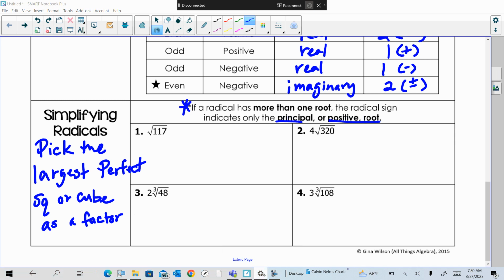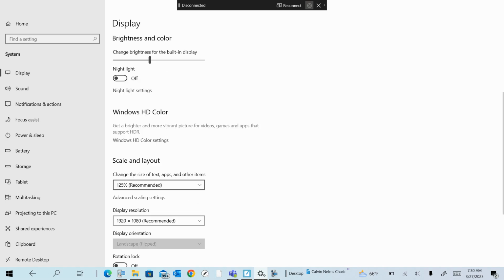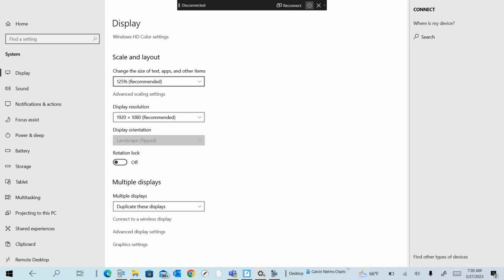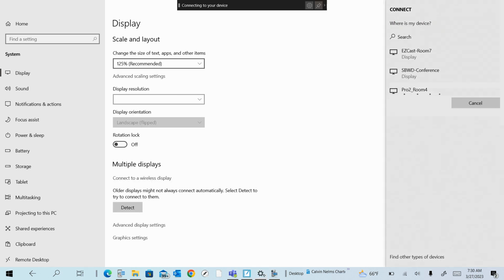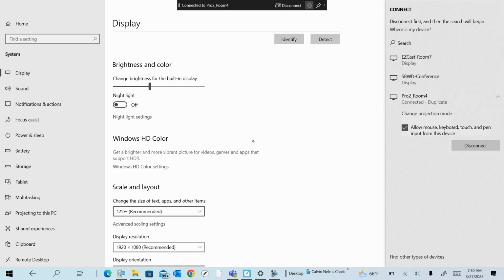So the big way I know if it's not a perfect square is to put the actual radical in the calculator first and see if it comes out to be a whole number.